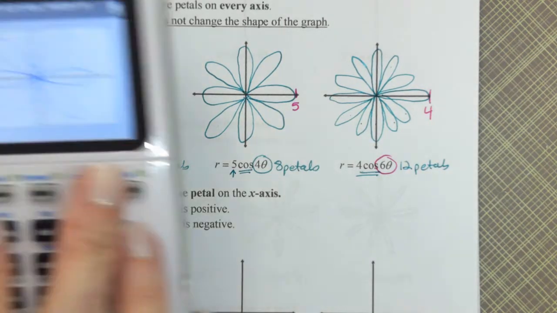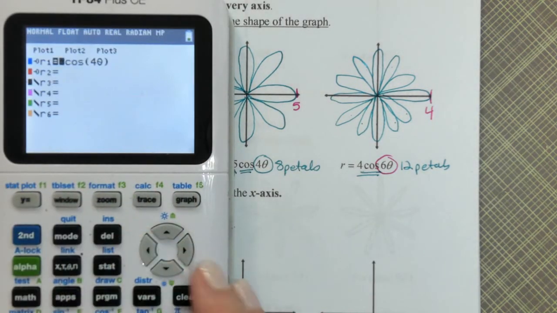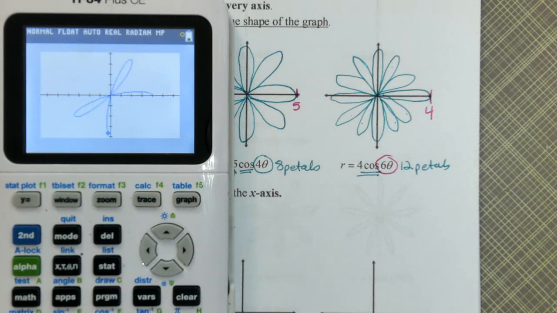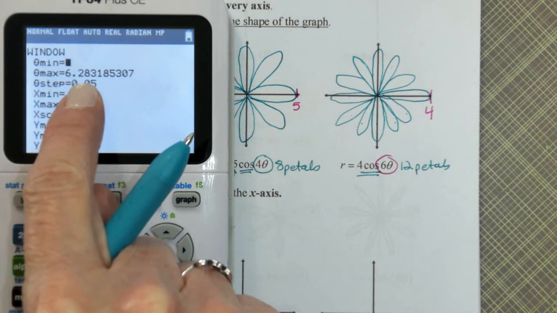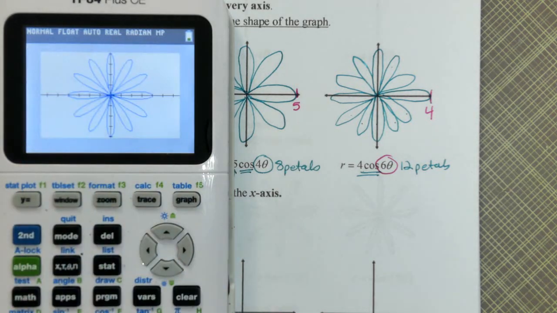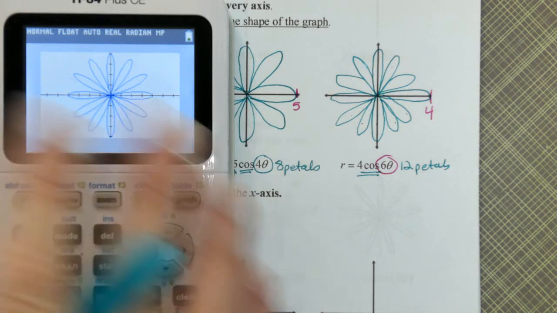We can confirm real quick. 4 cosine 6 theta. And sure enough, that's exactly what it does. By the way, in my window, I'm going from 0 to 2 pi.